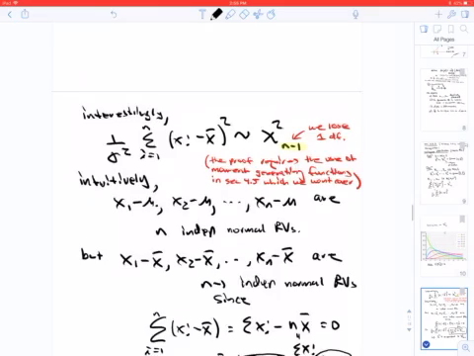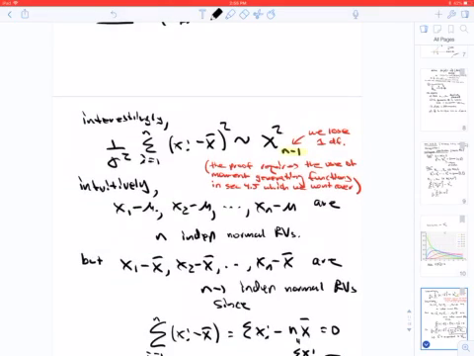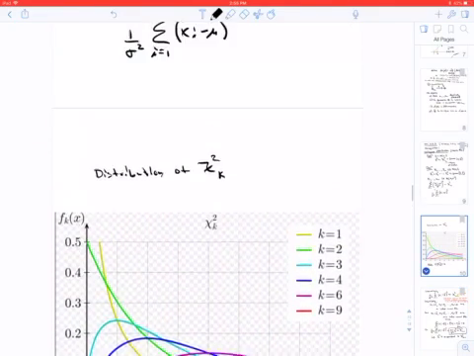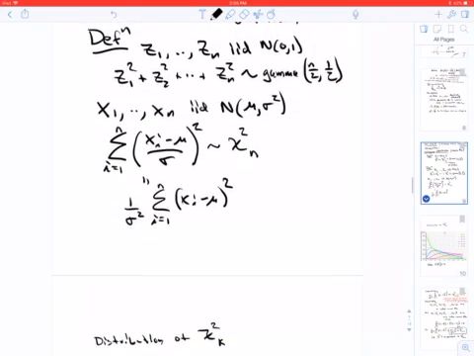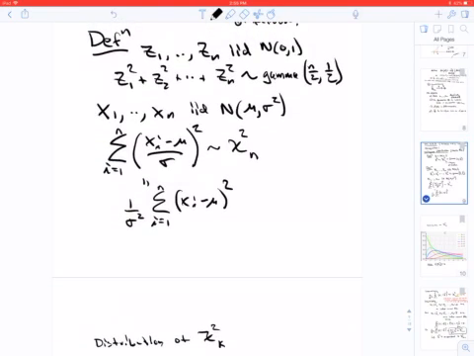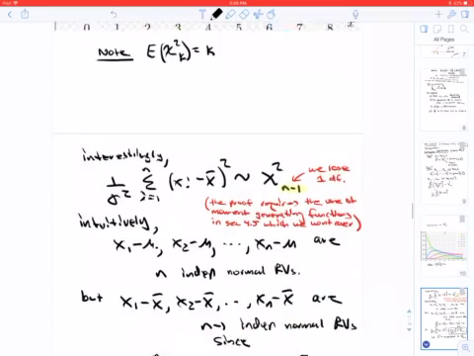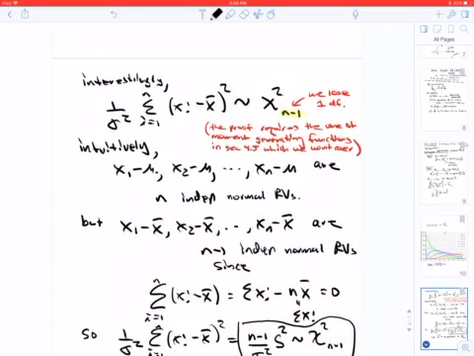An interesting thing is that 1 over sigma squared times the sum from 1 to n of (xi minus mu) squared is chi-squared with n degrees of freedom. But if instead of mu you substitute x bar, it's now chi-squared with n minus 1 degrees of freedom.